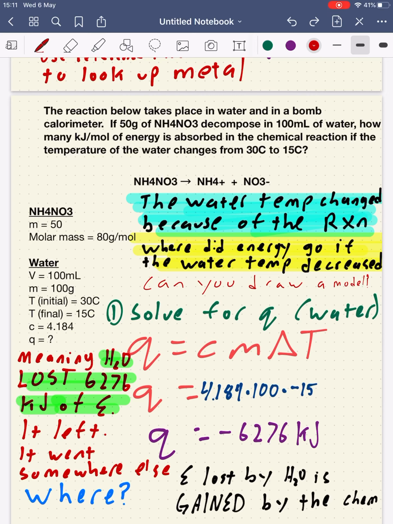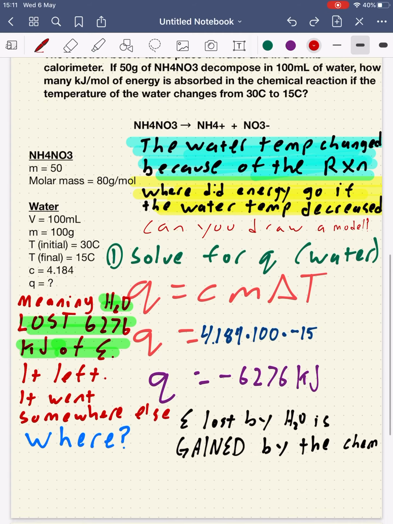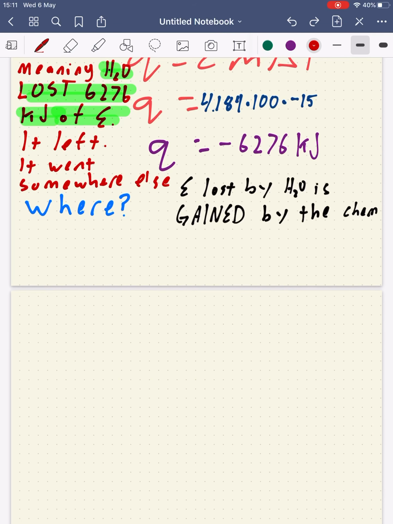Energy stuff makes my brain hurt. It feels weird sometimes because we have these positives and negatives. Does it feel hot? Does it feel cold? But it's reasonable to say that as the temperature goes down, the energy decreases. It's leaving. But it's got to go somewhere, right? Thermodynamics says that it has to go somewhere. It has to be transferred.